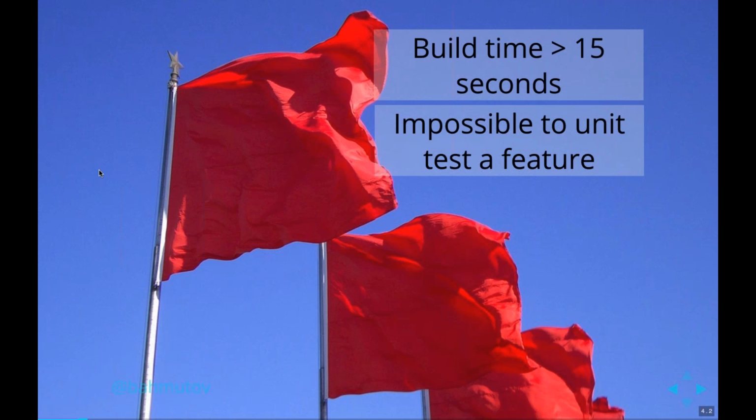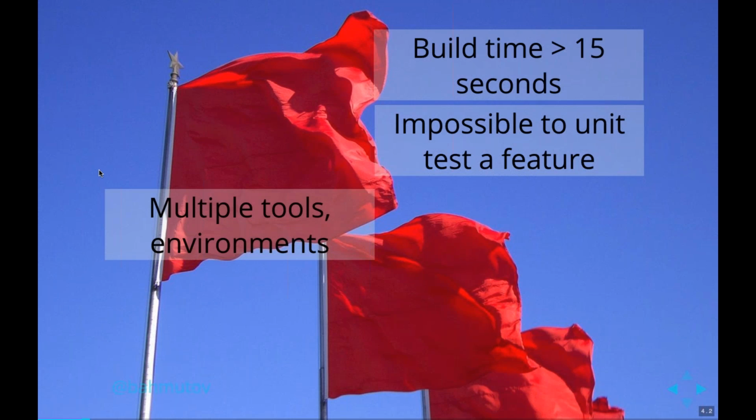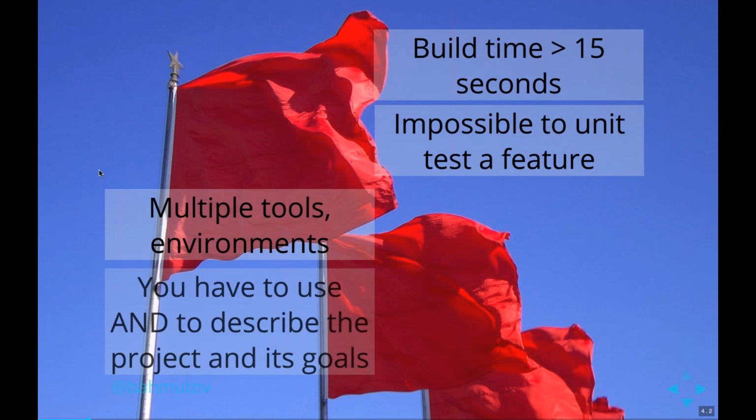If you cannot really unit test a feature, if you think it's too difficult or impossible, that's a red flag. If you have multiple tools that you have to use in order to actually test software, if you have multiple environments, let's say a database, a server, and a front end, that's a red flag that your code base is too large.